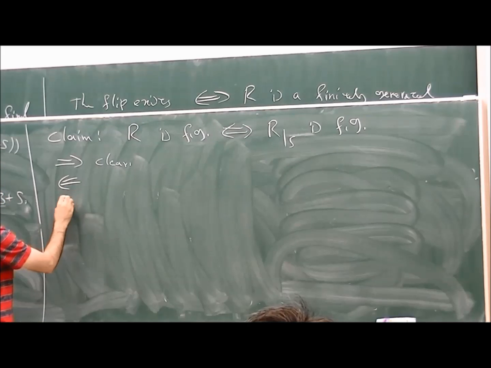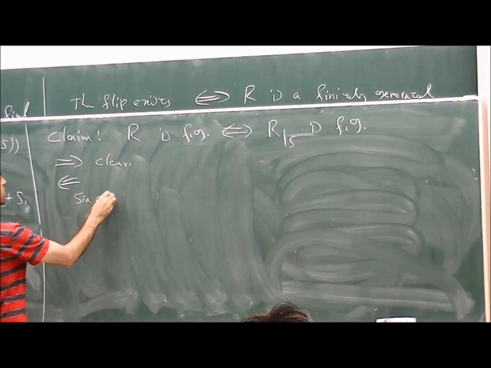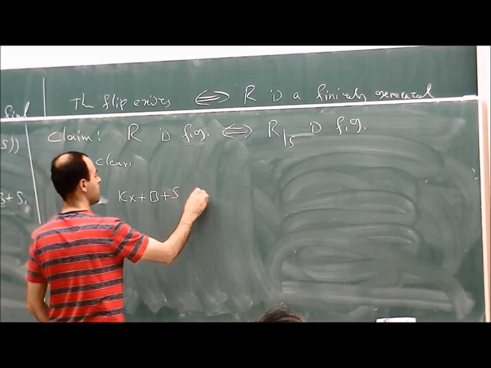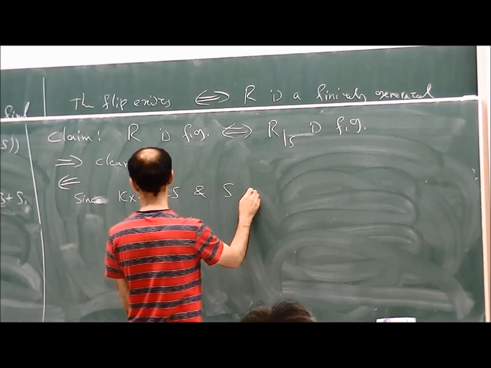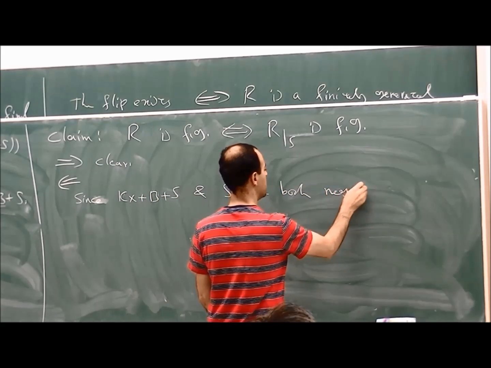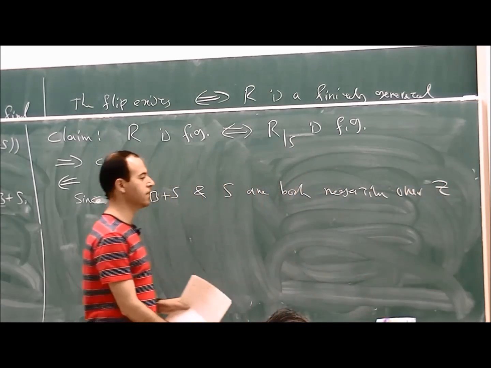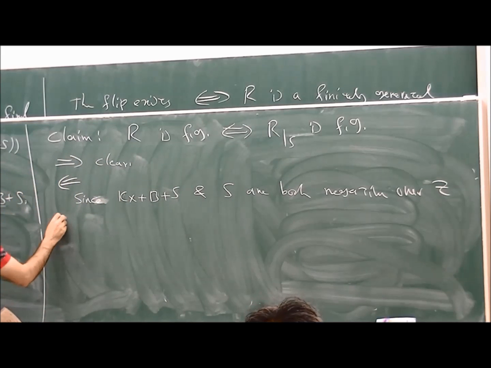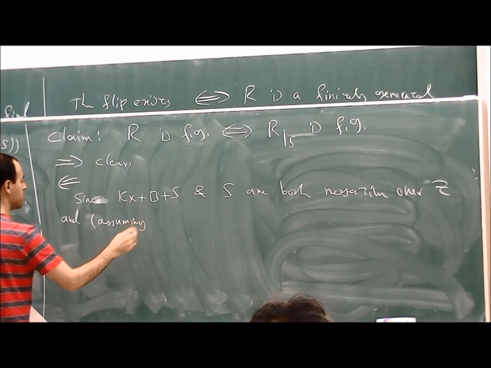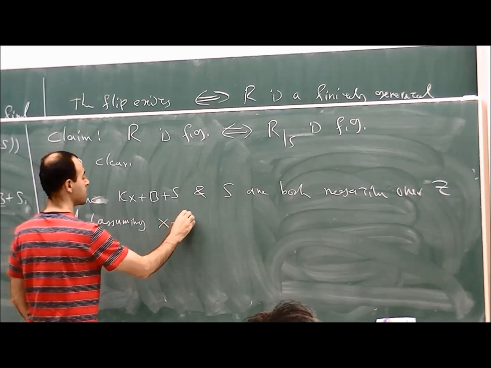The first thing to note is that since K plus B plus S and also S are both negative over Z, in other words, they intersect everything negatively, and here I also need a technical assumption, but you should not worry too much about it.